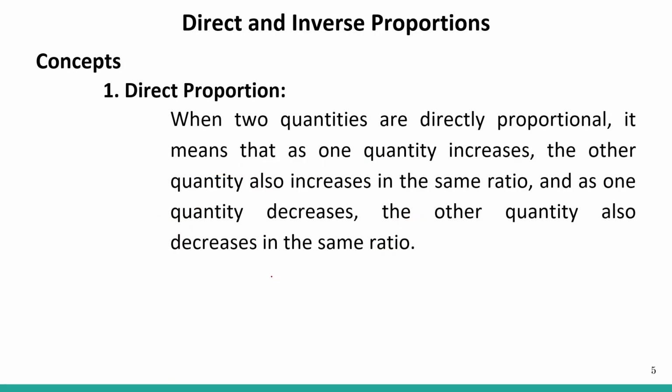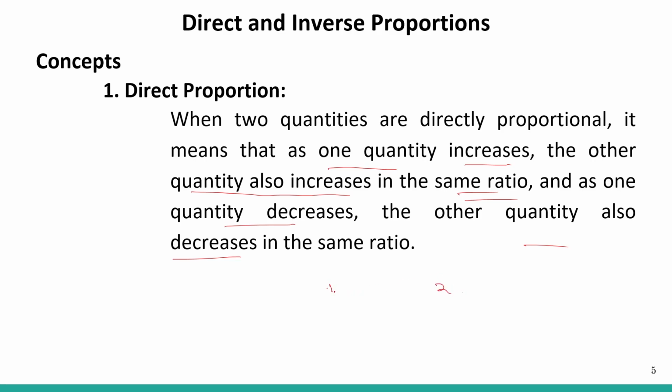So when two quantities are directly proportional, it means that as one quantity increases, the other quantity also increases in the same ratio, and as one quantity decreases, the other also decreases in the same ratio. Let's say the first quantity is 1 and the second quantity is 2.